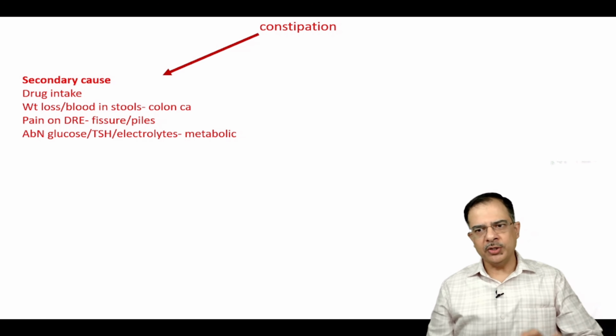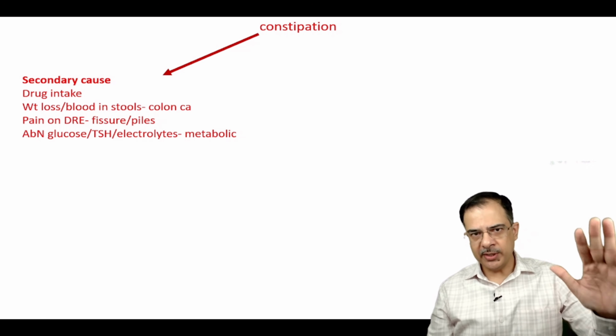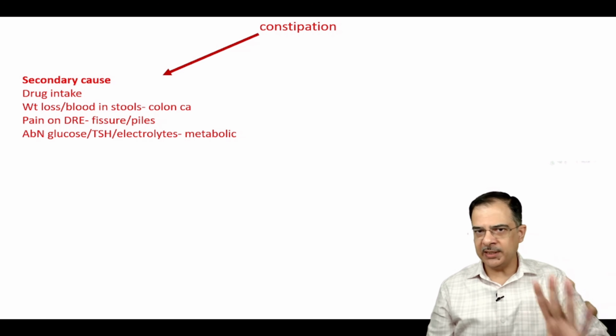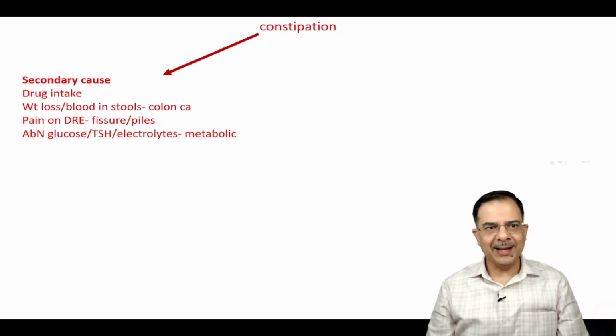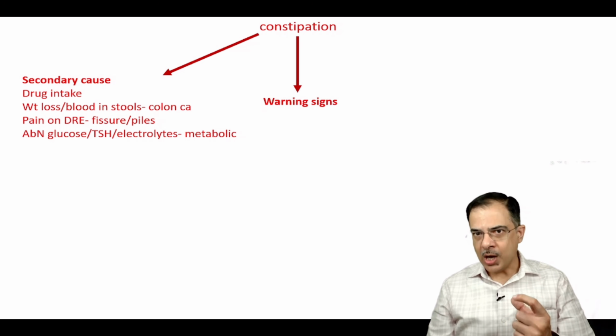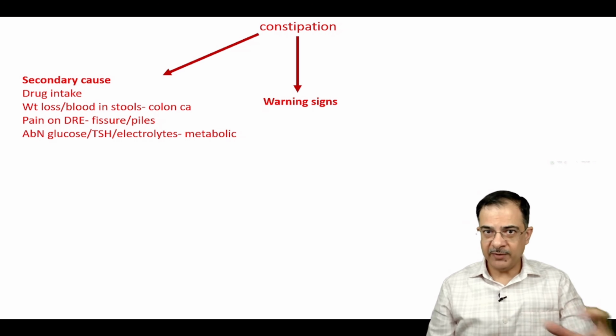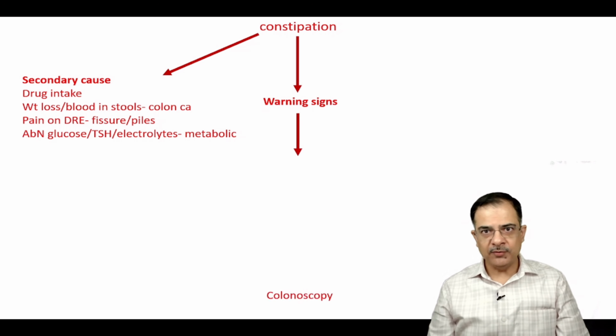For these secondary causes, ask these four points in the history or examination, and go for a digital rectal examination. Also ask for the warning signs we discussed earlier. If any one of the warning signs is present, then colonoscopy is indicated.